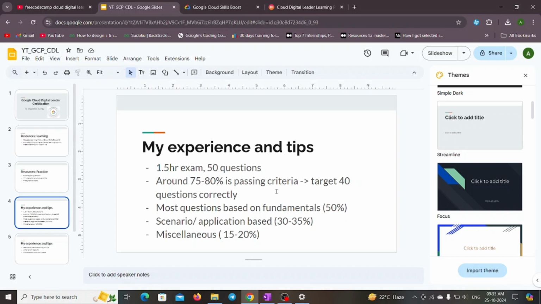Also, we need to take 2 identity proofs, any one of which can be your Aadhaar card, PAN card, driving license, your company's identity card or student identity card, and so on, but you need to have two address proofs for that. The test center was quite calm, and I was able to attempt the exam very nicely.